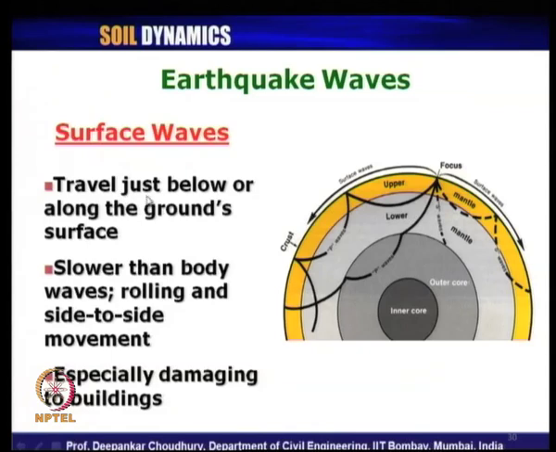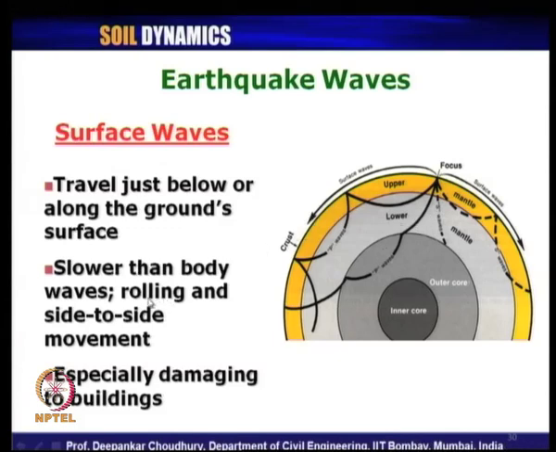They travel just below or along the ground surface. And their velocity is much slower than the body waves, much lower than the P wave and S wave.